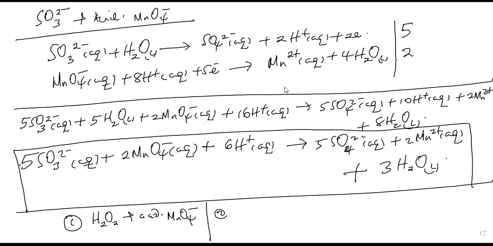Another equation which I want you to write, I need you to write about a nitrite ion with acidified manganate 7 ion.